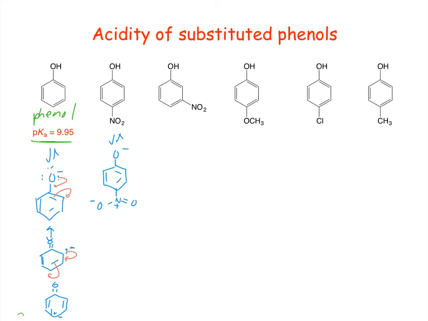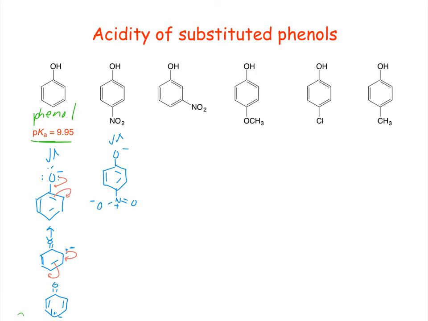So how's that nitro group going to affect the stability of that anion? Is it going to make it more stable or less stable? Less stable? More stable? One of those. Okay, so what is a nitro group? What did we say? Is it electron donating or withdrawing?